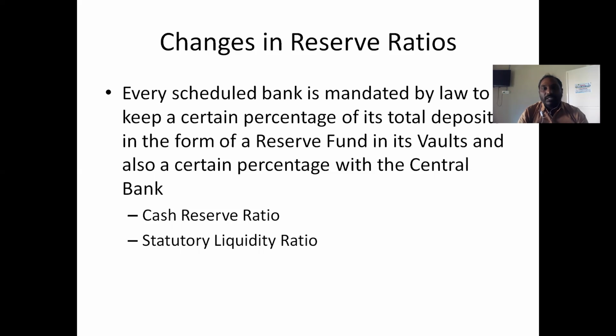Each scheduled bank has to maintain a certain percent of its deposits, as it cannot lend all the deposits. It has to maintain some cushion, as some cash in its vaults also.